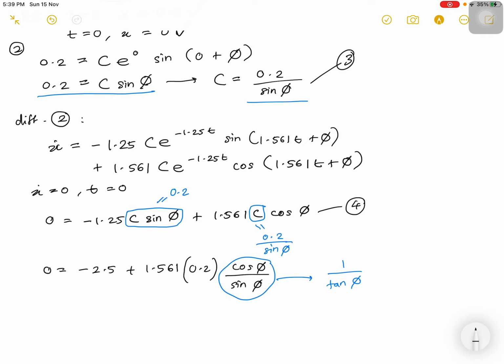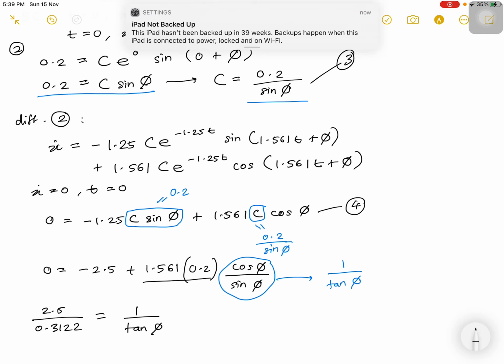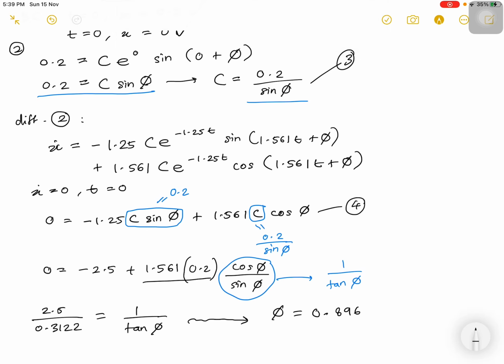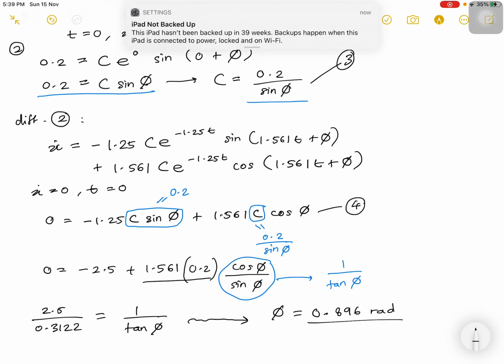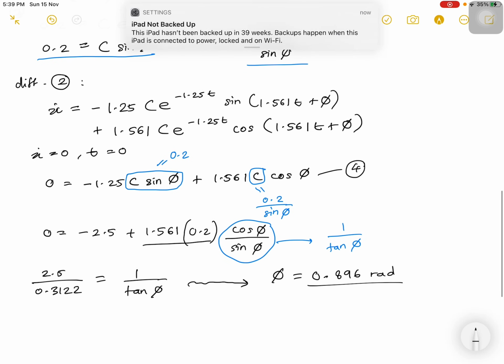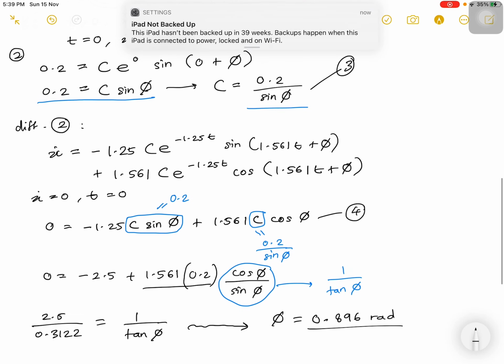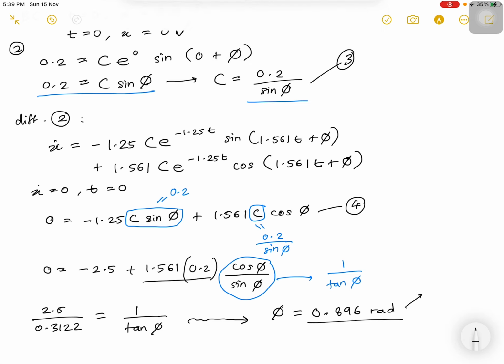When we rearrange, we have 2.5 over... this one is equal to 0.3122 equal to 1 over tan psi. And after we calculate, we get that psi is equal to 0.896 radian.